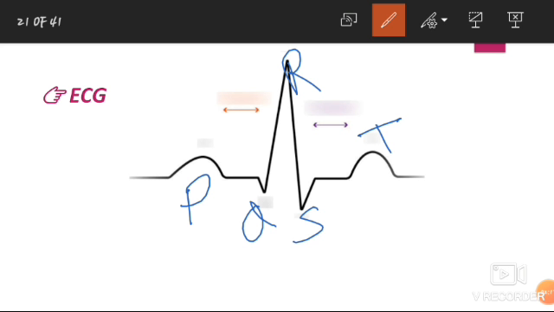P wave represents depolarization of atria. QRS represents depolarization of ventricles and T wave represents repolarization of ventricles. So this is about the standard ECG.